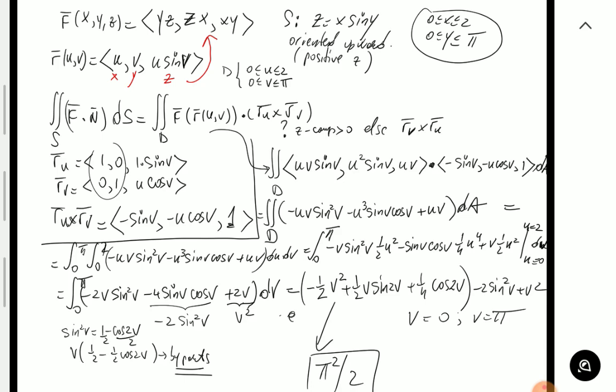They have important physical meanings. The Stokes theorem is essentially a generalization of Green's theorem in 3D. And the divergence theorem concerns surface integrals for closed surfaces, like, for example, a sphere or an ellipsoid and stuff like that.